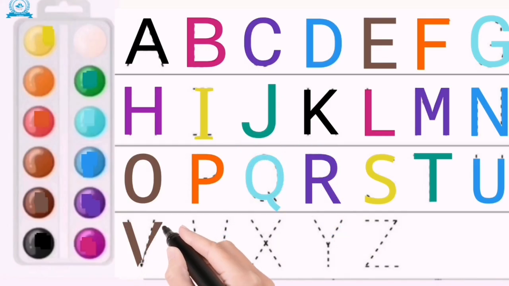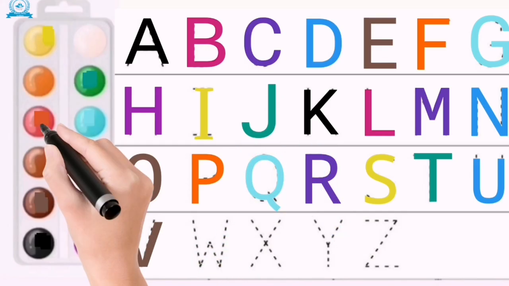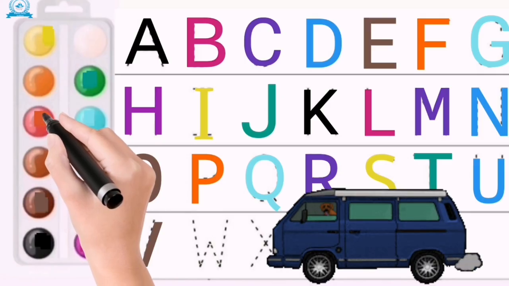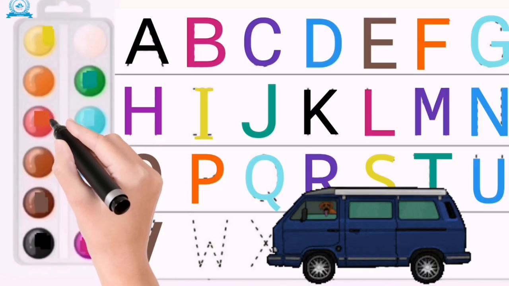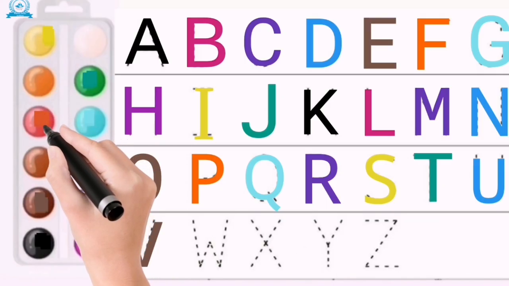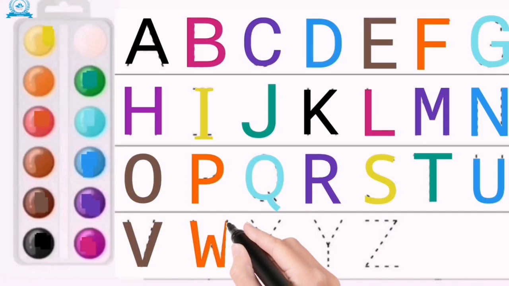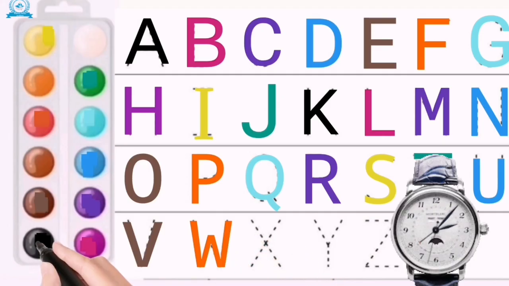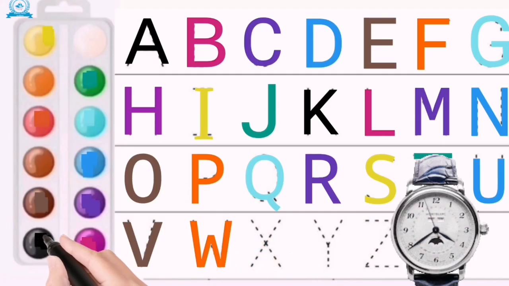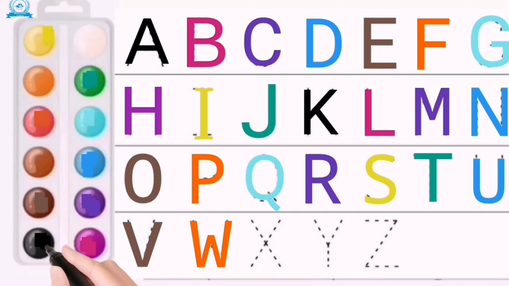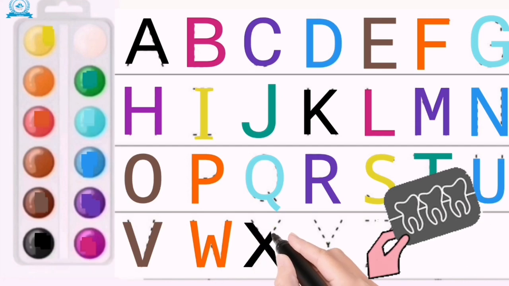V is for van. W is for watch. X is for X-ray.